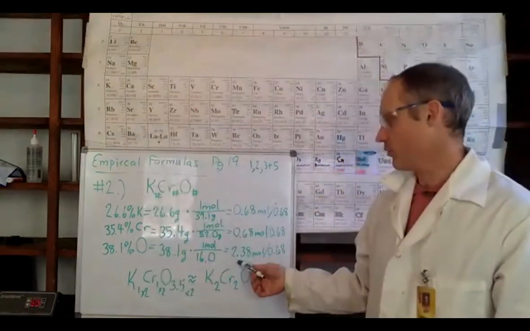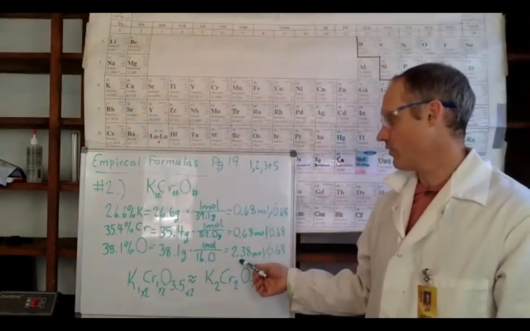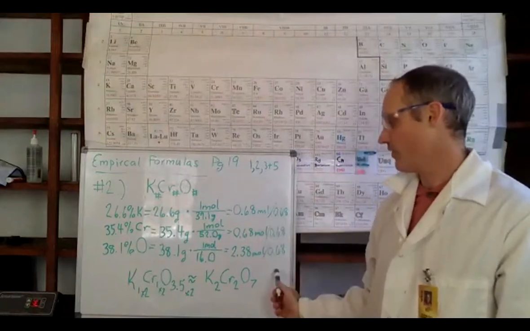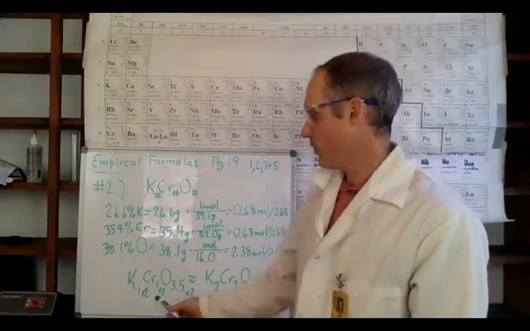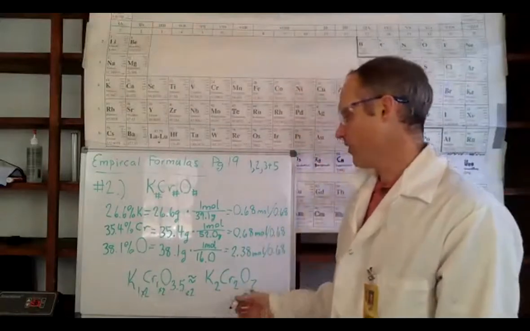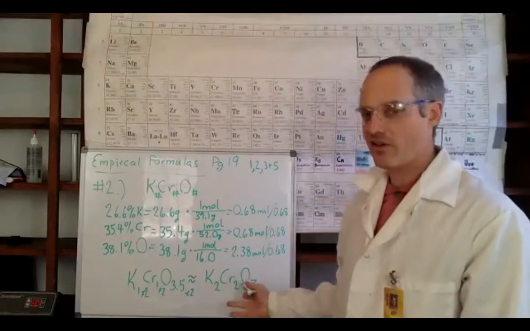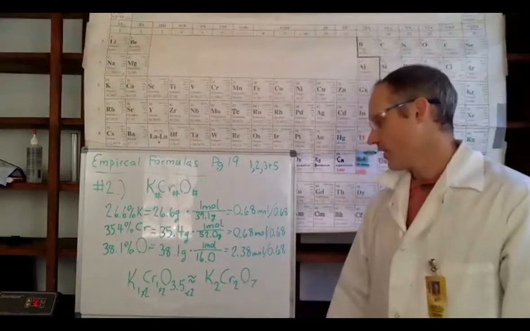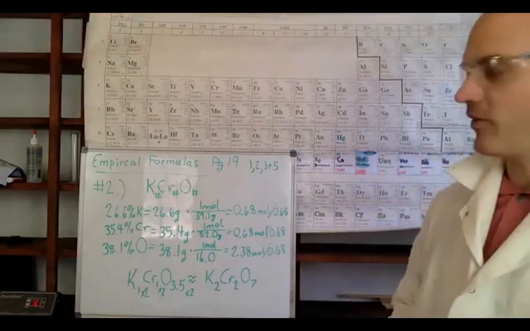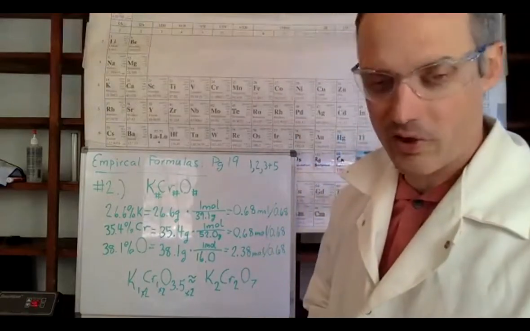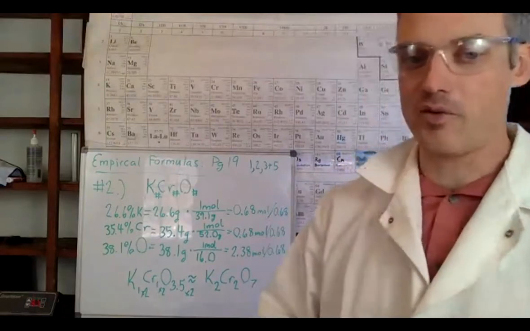And then that will give you the amount of moles of each one, and you divide them all by the smallest number of moles, and that will give you the numbers for the formula. Sometimes you have to round them, sometimes you have to multiply them by 2 like we did here to get our potassium chromate, which is the name of that compound. So, that's the general process for those problems.